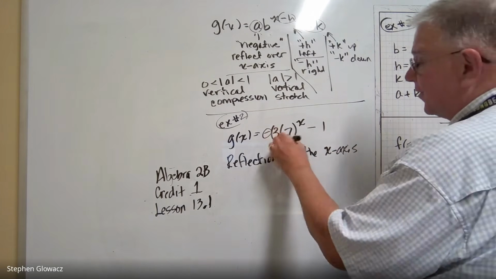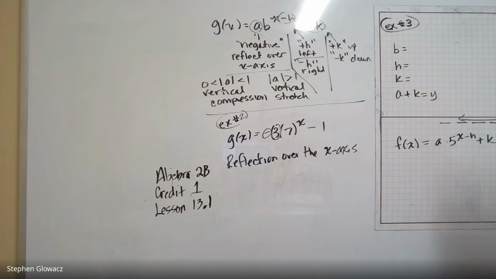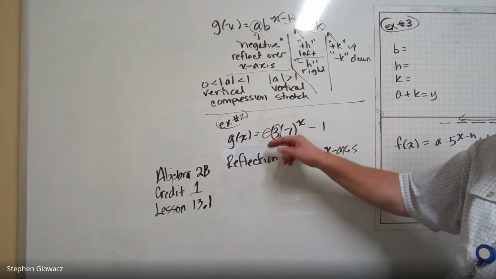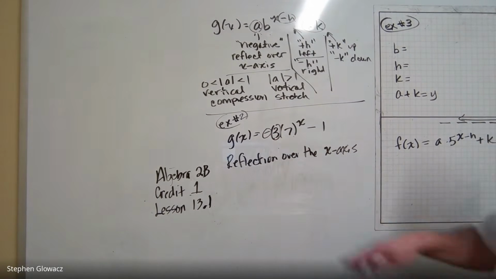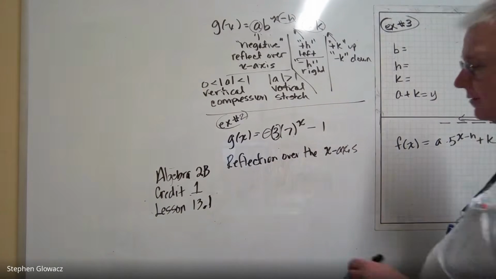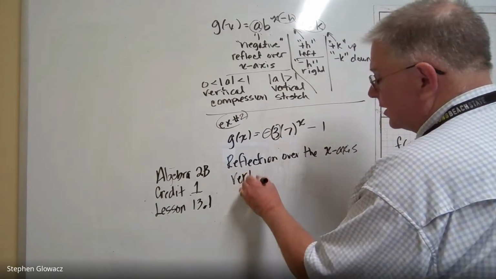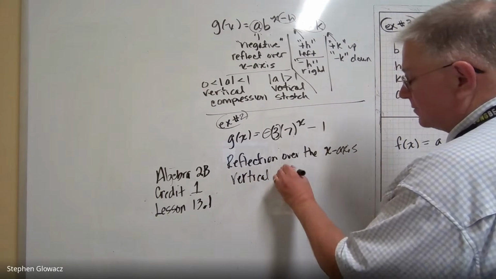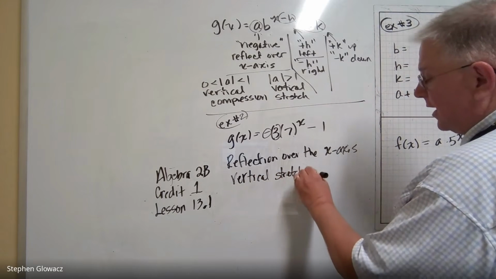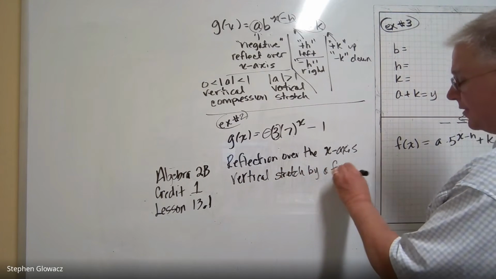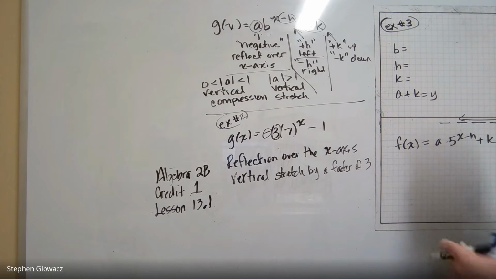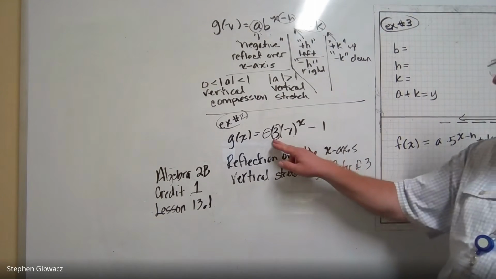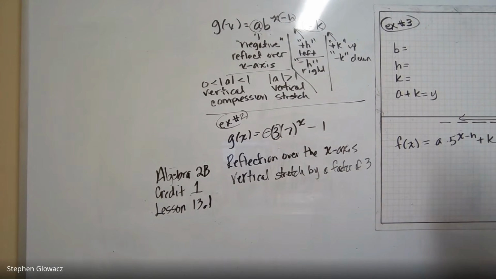And next, the 3 here. The absolute value of a, the absolute value of negative 3, is 3. Since that's more than 1, that's going to be a vertical stretch, as opposed to a vertical compression, by a factor of 3. And notice, not negative 3. We're only concerned with the numerical part, not whether it's positive or negative.